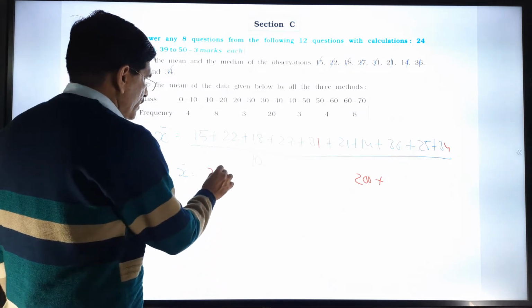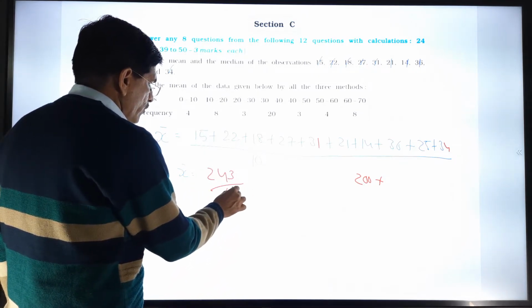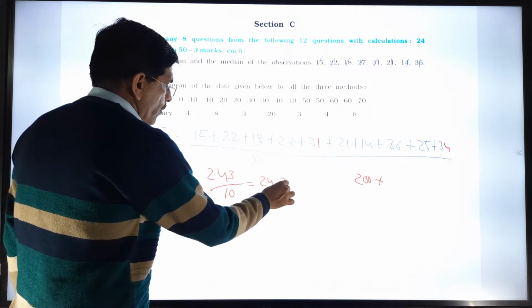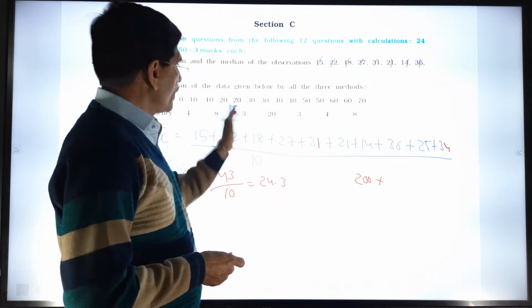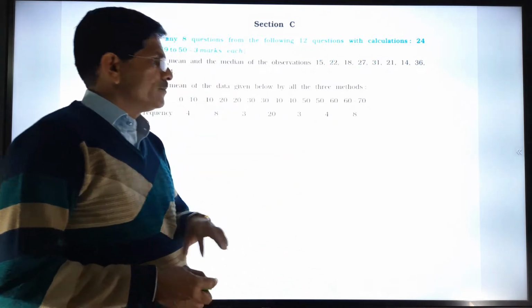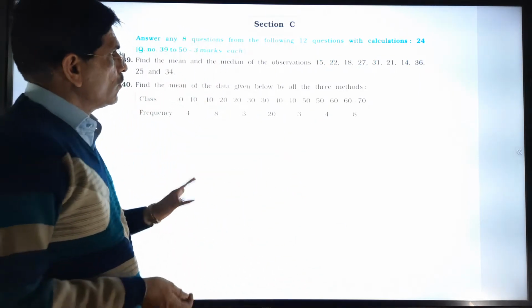So 243 upon 10, that you have to write. 24.3 is the mean. So mean is easy, but median is difficult to find.